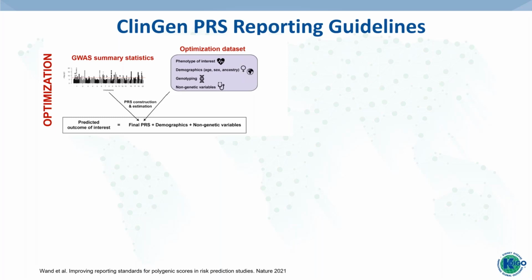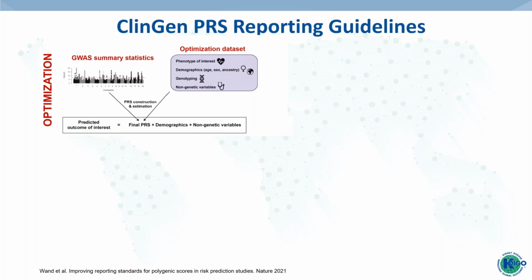And that optimization data set needs to be well phenotyped for the trait of interest in order to select the best equation, considering that there are multiple different methods to develop PRSs. So with this first step, a PRS is being developed and the best score is being selected for a trait of interest. Again, different traits will require different methods to model the actual polygenic risk.